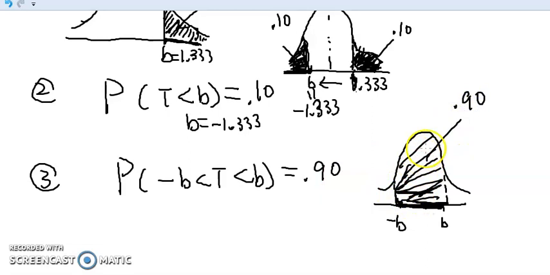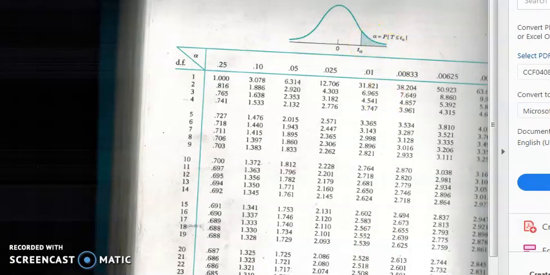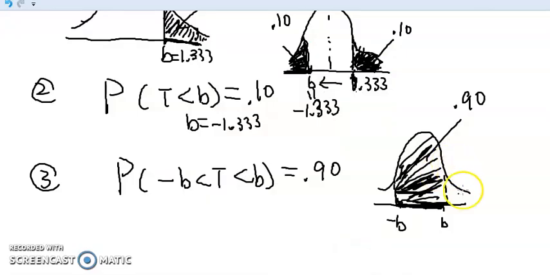So now we cannot use the table directly because this area is the middle area. So in order to use the table, we have to have the right side area. So let's find this right side area here. And notice the total area under the curve is 1.